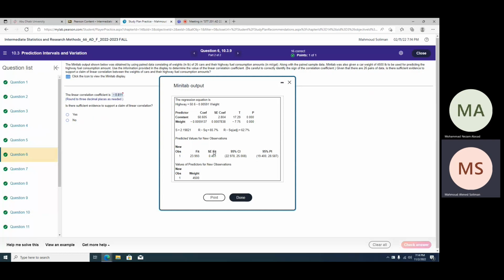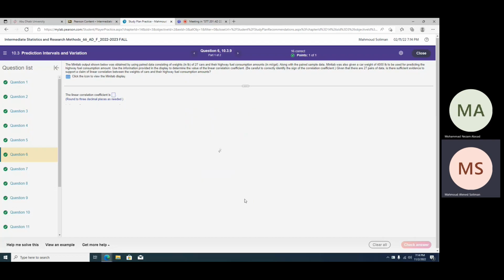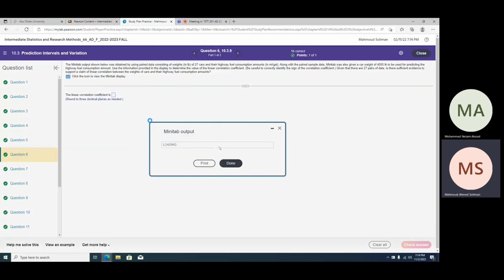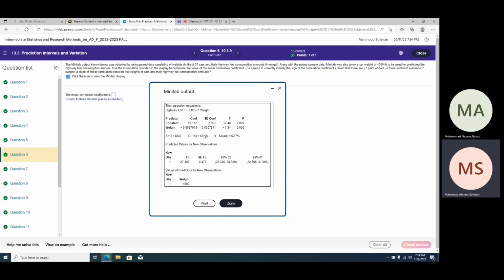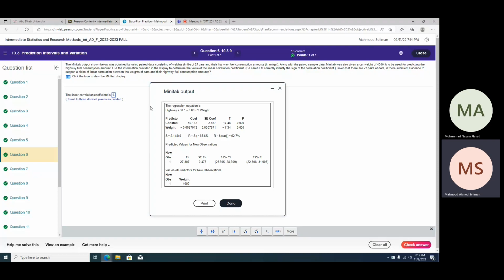So it is the square root of 0.657. Look, you'll take the square root of this one. And then you have to put it negative because the slope is negative. What is the slope? This one. Ah, okay. Yeah, so if the slope is negative, r is negative. I forgot about that one.